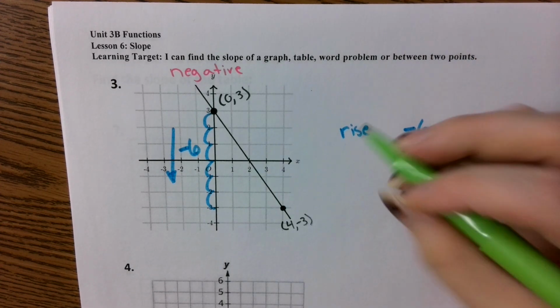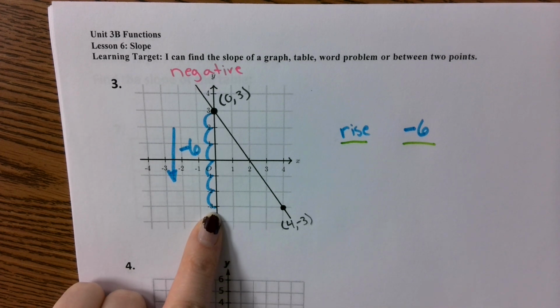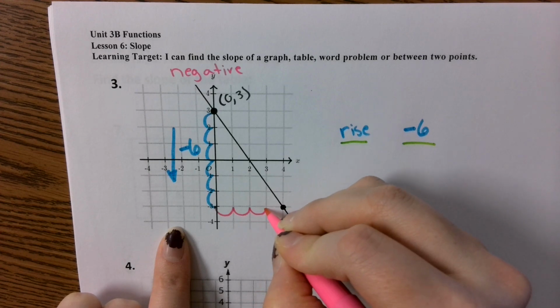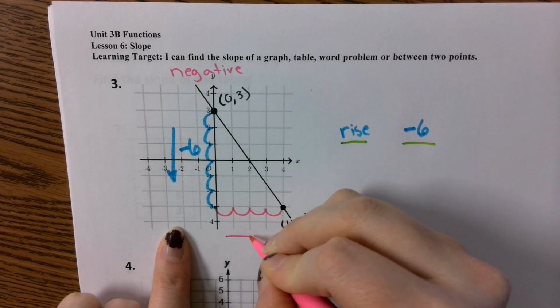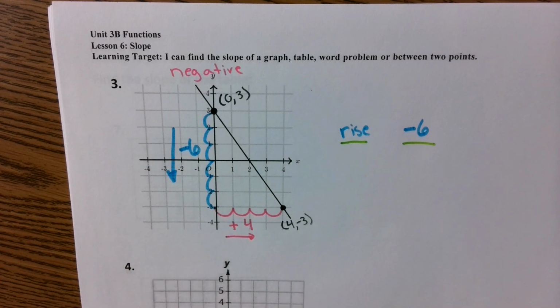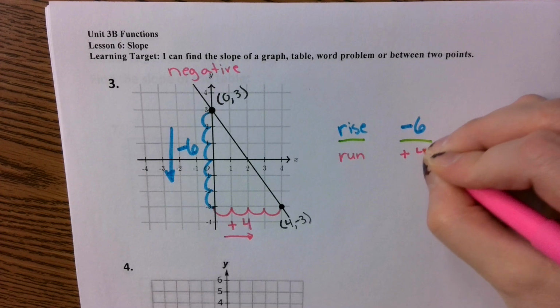Then for our run, from where we left off, how far to the right are we going to be moving? We are going to move 1, 2, 3, 4 units to the right, which is a positive 4. So that means that our run is going to be a positive 4.